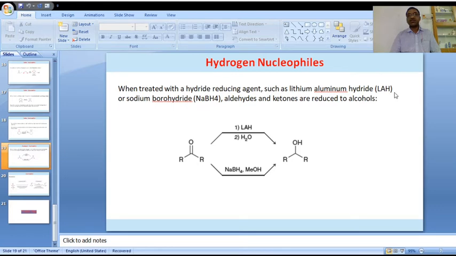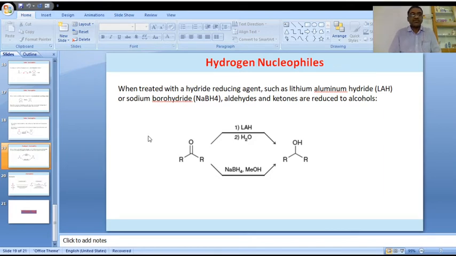It is also a hydrogen nucleophile. In presence of these two, what happens in the reaction?